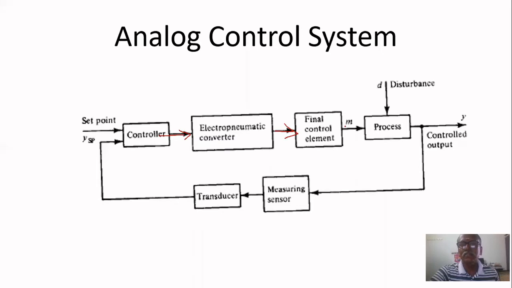The pneumatic converter is cascaded with the final control element. The final control element is cascaded with the process. Then with the process, the measurement sensor is cascaded. The transducer is again cascaded with the controller. The physical arrangement is required to have a closed loop. It must be connected this way.